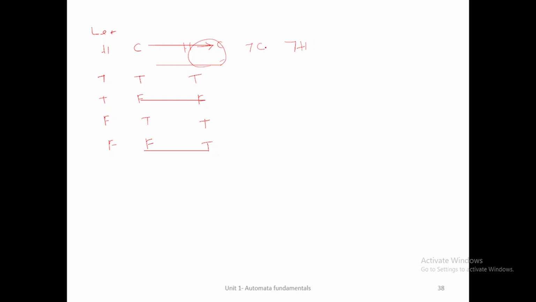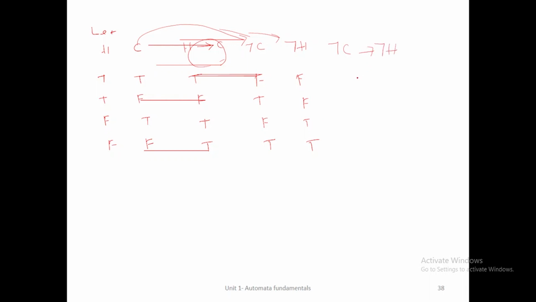Whether those truth values are equal or not, we should prove it. So consider C. What is negation C? Negation C means the opposite value. So if C is true, negation C is false. Negation H means the opposite of H, so its values are false, false, true, true. So what is it? Negation C implies negation H.